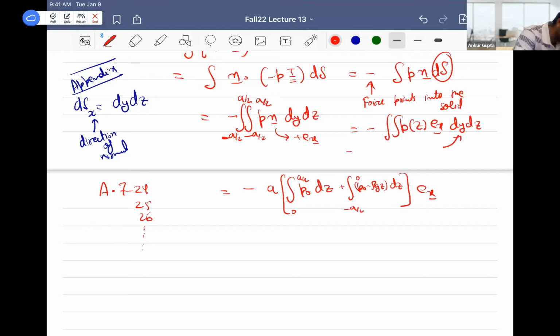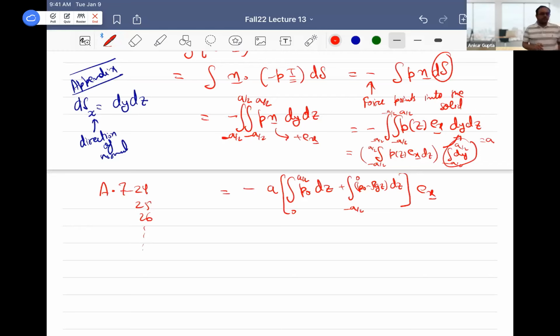So I can say, from minus a by 2 to a by 2, P(z) ex dz times dy. When you integrate dy, this becomes a. Make sense? Any other questions?